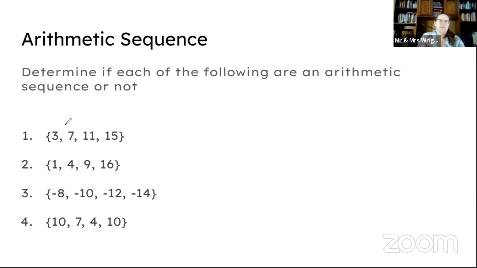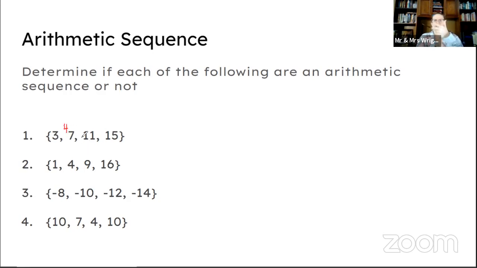There's 4 there, right? Okay, let's look at the next one. 7, 8, 9, 10, 11. There's 4 there. You really only need to have 3 to determine if it's going to be a sequence, but we can continue on here and say between 11 and 15, that's obviously 4. So this one is an arithmetic sequence.